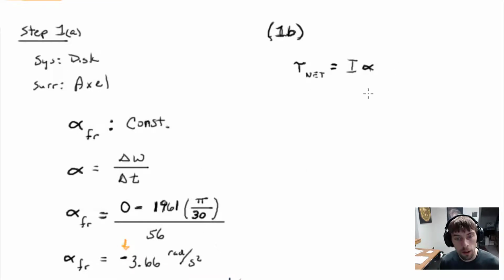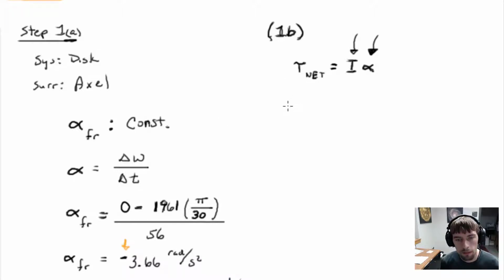We have now the response of the system. And additionally, we have this from the first bullet point, the moment of inertia. We have just calculated how the system responds to the torque. That's in our alpha. So we can find the net torque due to the frictional force.